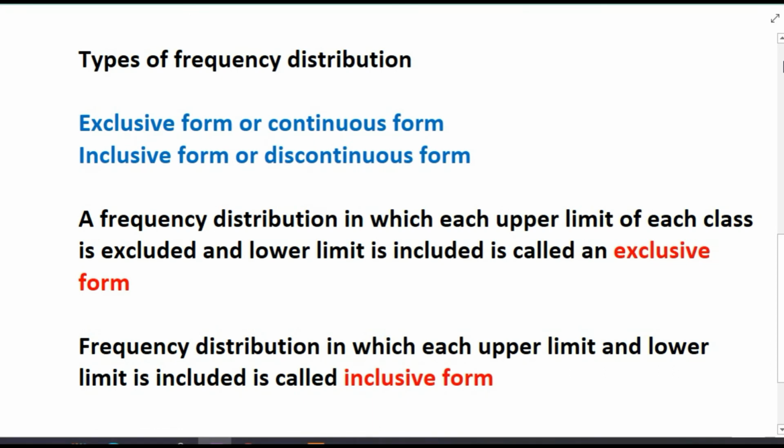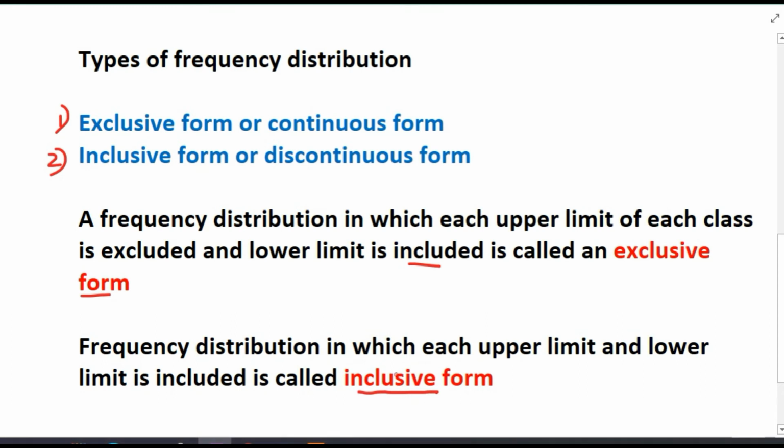Now, types of frequency distribution. There are two types of frequency distribution. One is exclusive form or continuous form, and the second one is inclusive form or discontinuous form. The frequency distribution in which the upper limit of each class is excluded and the lower limit is included is called exclusive form, and the frequency distribution in which both upper limit and lower limit are included is called inclusive form or discontinuous form.